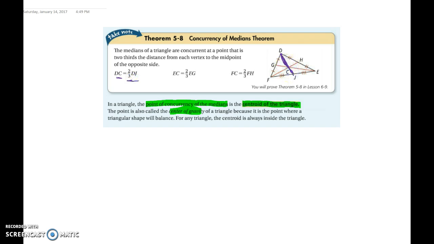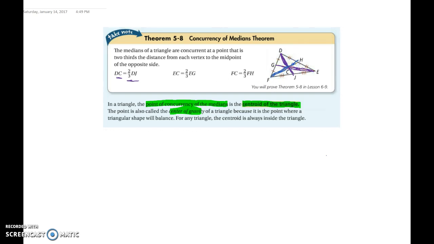So if DJ was equal to 12, DC would have to be equal to 8. That holds true for all 3. EC, from this vertex to our centroid, is equal to 2/3 of the entire segment GE. And FC, from this vertex to the centroid, is equal to 2/3 of the entire segment as well.